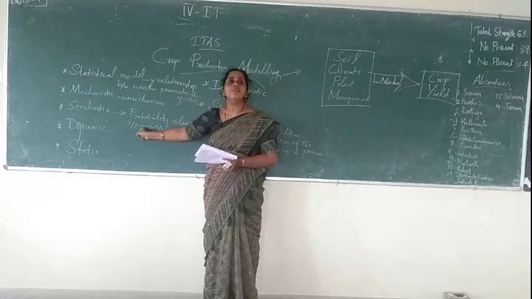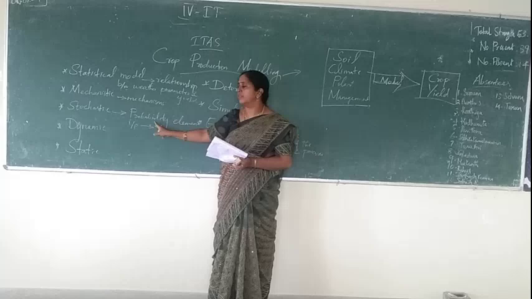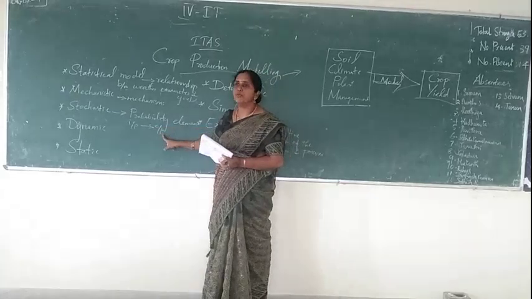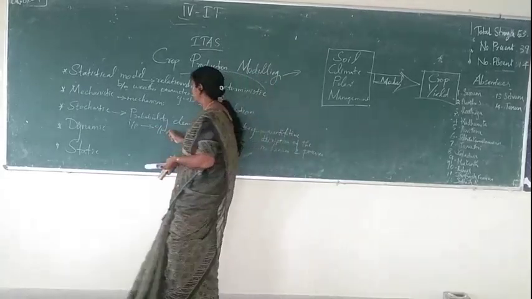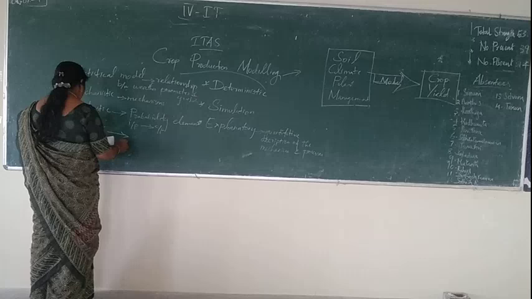Here it will represent, for each set of input, how the corresponding output is produced. That is represented by the stochastic model. The next one is the dynamic model.